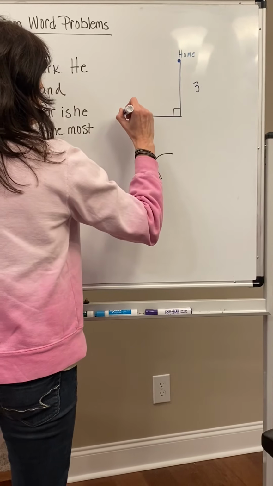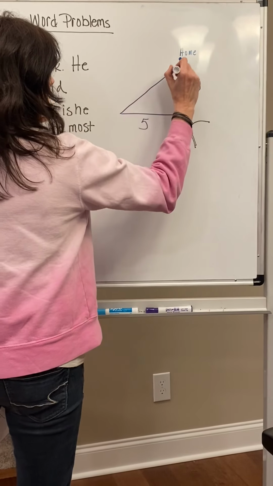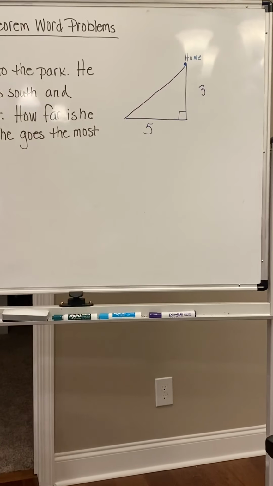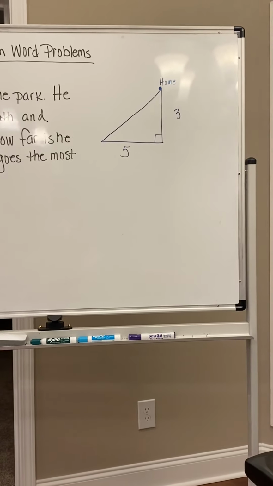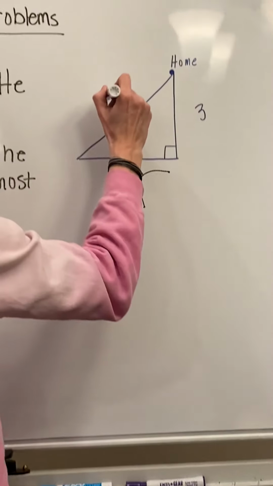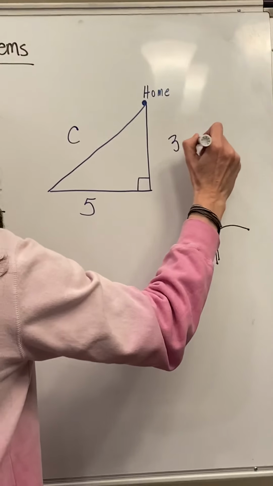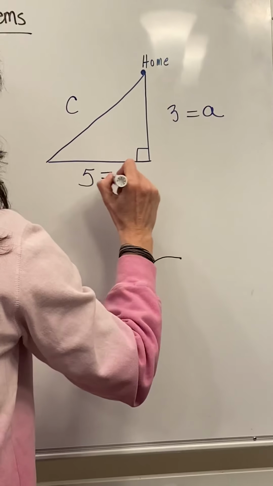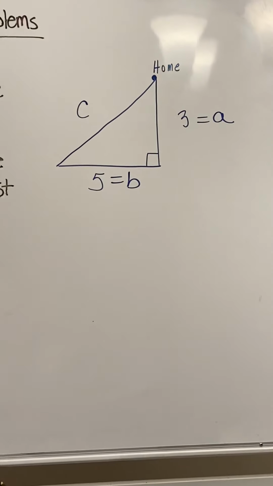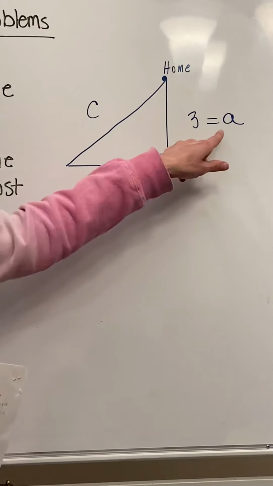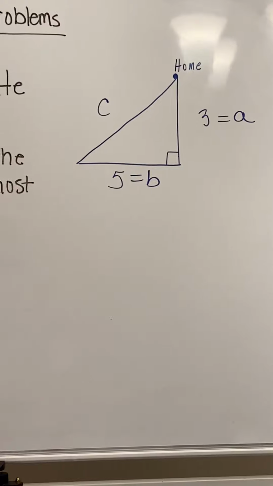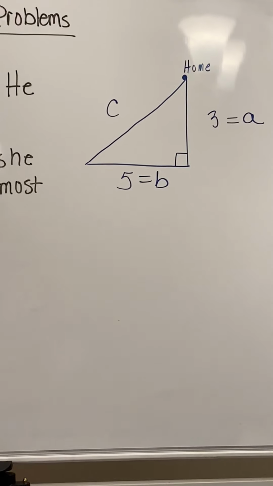I want to know the direct route back home, so that is going to create my hypotenuse in my right angle, which is what I'm going to be solving for. So this would have to be C, this can be A, and this can be B. Remember, your A and B can be interchangeable, so it's okay if you put A here and B here, but this has to be C, and that is what we are searching for.